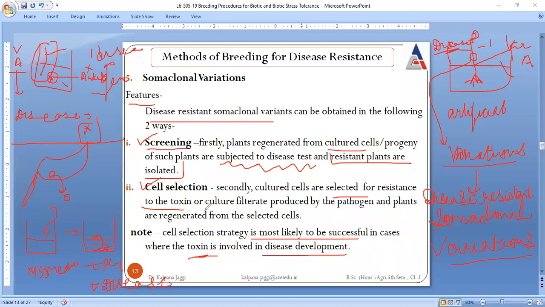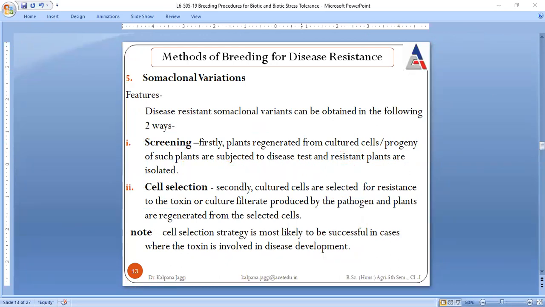I mean to say, where we select on the basis of toxin, that is fine, but where the toxin itself is responsible for the development of the disease, there we cannot go for somaclonal variations. So this is all about somaclonal variations.